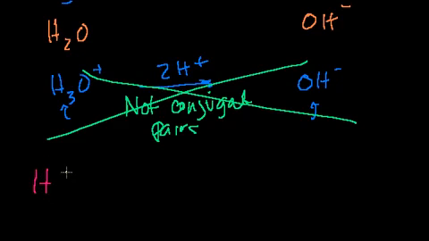Its conjugate base, we essentially just get rid of one of these hydrogen protons. It doesn't take its electron with it. So it's just going to be the chlorine negative ion. If I gave you a chlorine negative ion and asked, what's its conjugate acid, you'd say it's hydrochloric acid. If I gave you hydrochloric acid and asked, what's its conjugate base, you get rid of a hydrogen proton only, and you're left with the chlorine negative ion. You say that's its conjugate base.